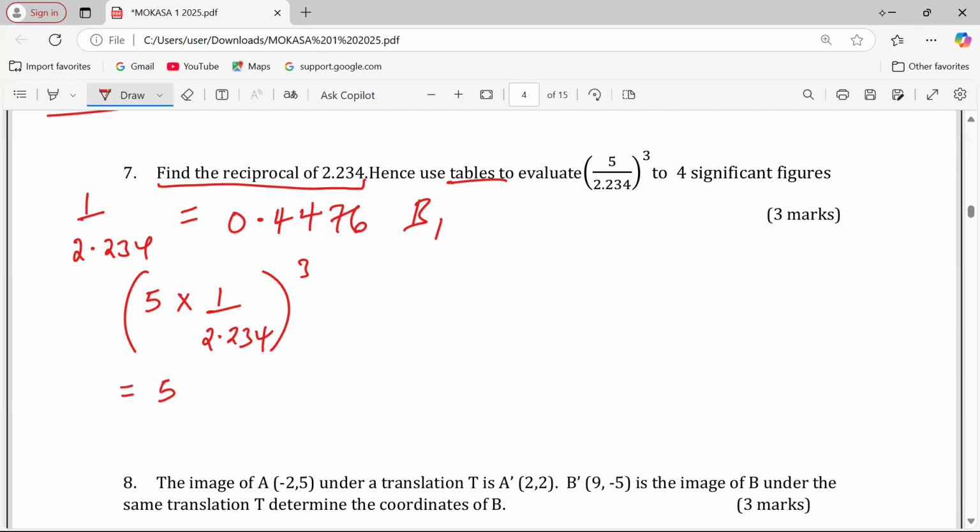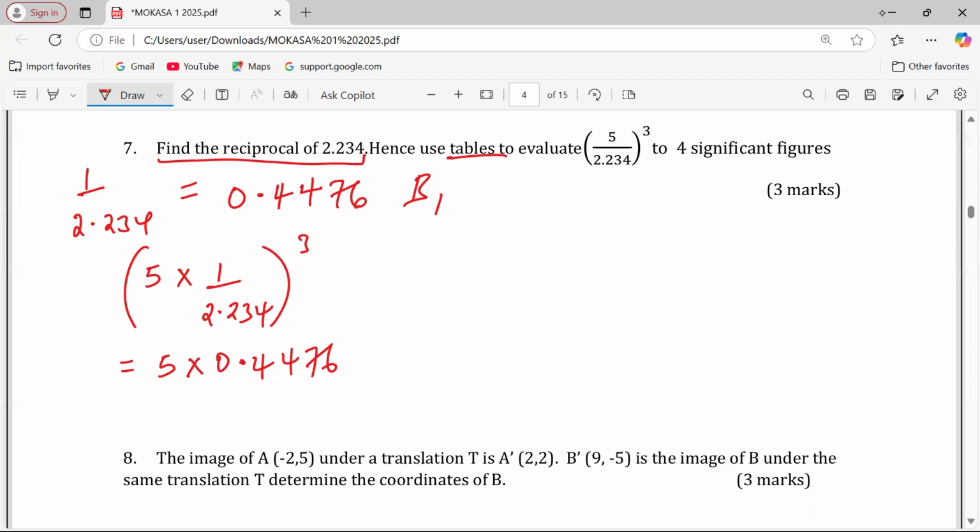Now it's 5 times the reciprocal that has been found, 0.4476. Then we raise everything to power 3. And remember, we are supposed to use tables here.